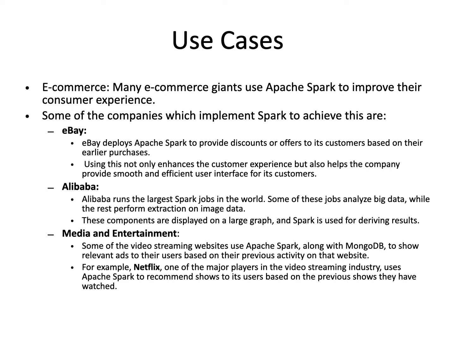One example is Netflix, which uses Spark to recommend shows to its users based on the shows they have watched. So based on previous activity, the media and entertainment industry uses Spark to show recommendations to their customers. And these are some of the basic examples of the use cases.